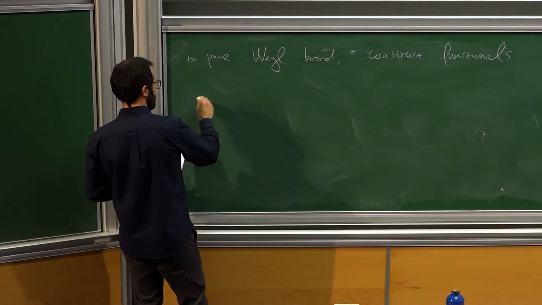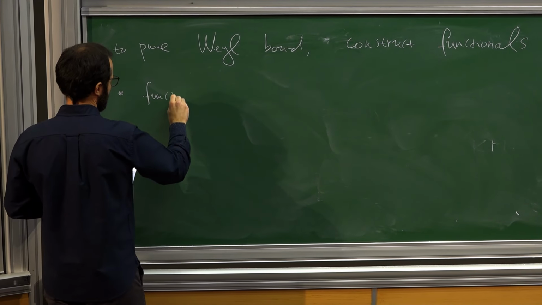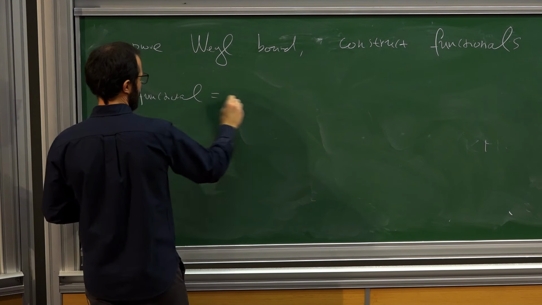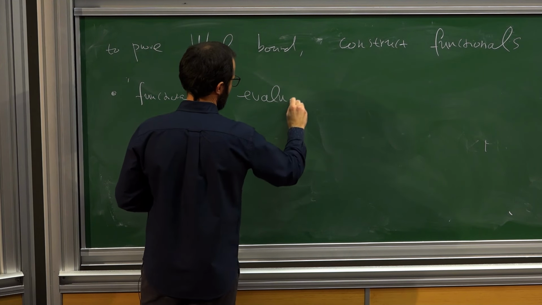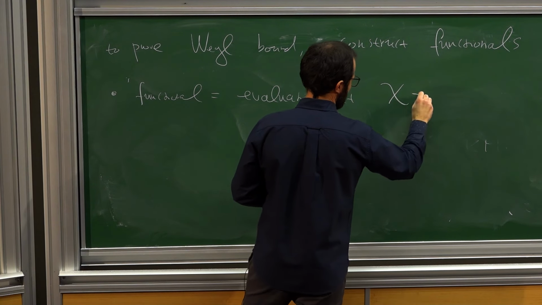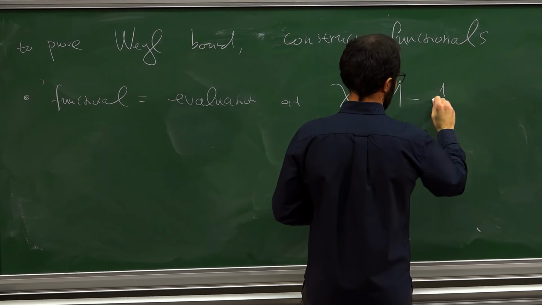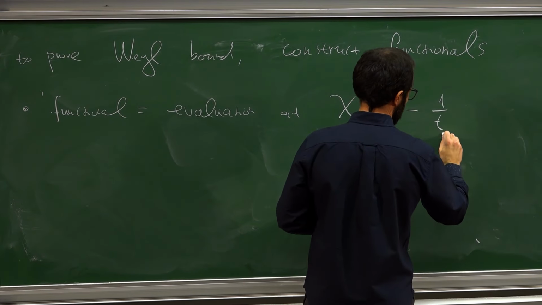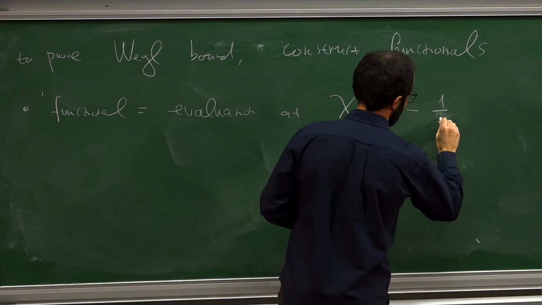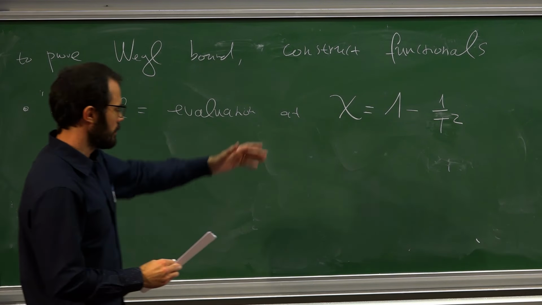But just to say, the simplest functional is just evaluation of the crossing equation at chi is 1 minus 1 over t squared. Then this gives you convexity.